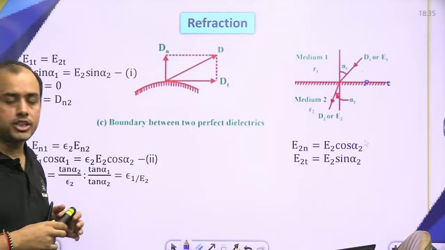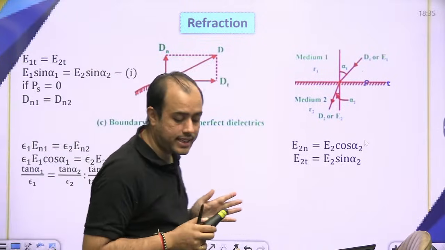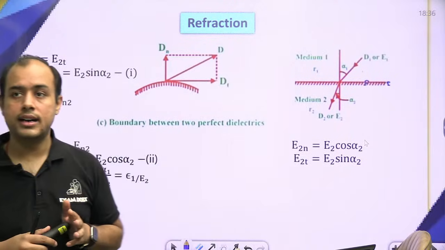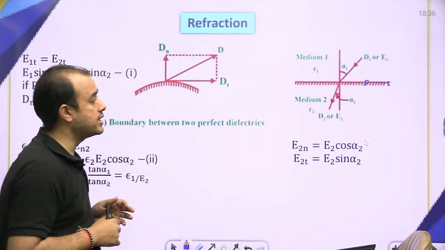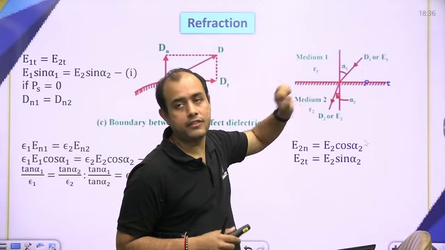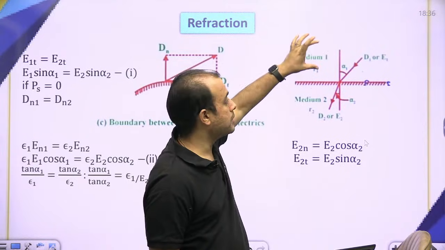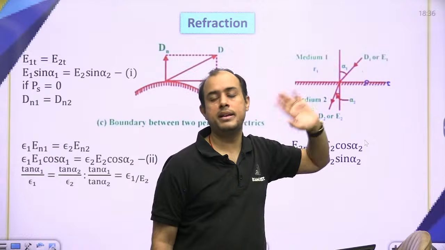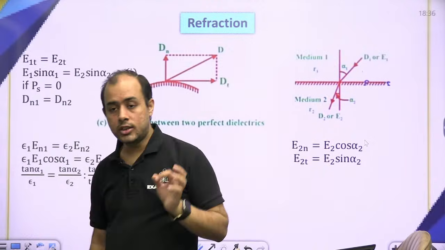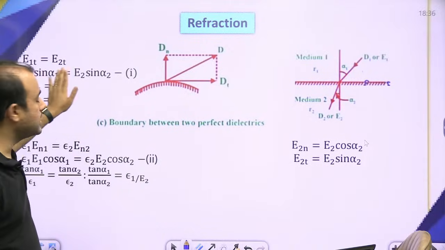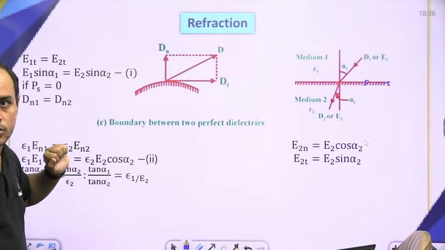Now what is refraction? Ignore any charge density at the interface. First I will talk about the tangential component. If the electric field makes an angle alpha 1 with the normal, the normal component will be E cos alpha and the tangential will be E sin alpha. We said the tangential components are the same, so E1 sin alpha 1 is E2 sin alpha 2.